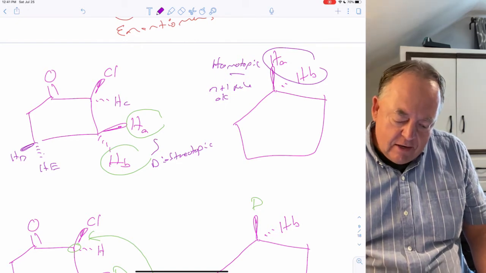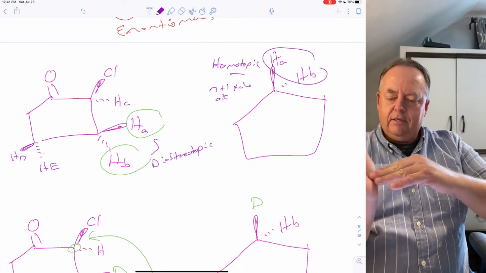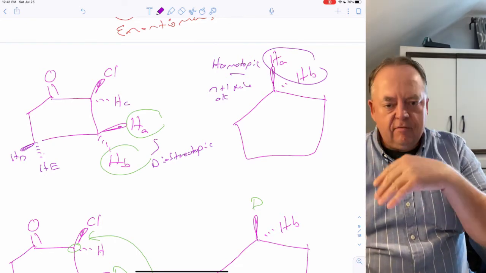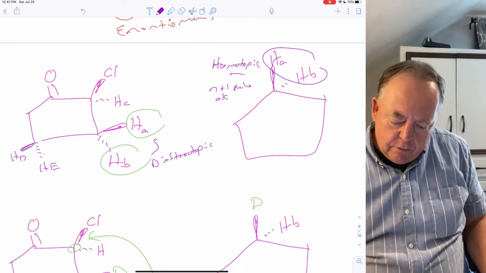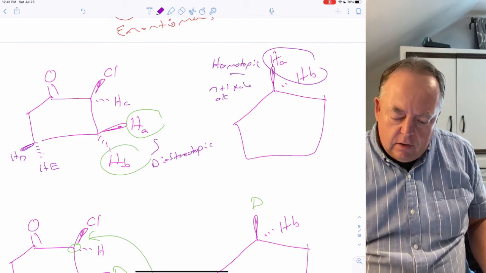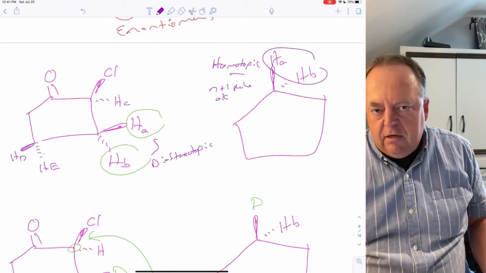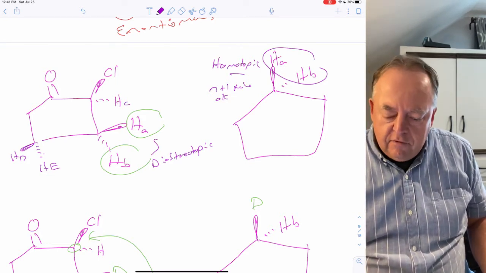So it all depends on, if you remember the envelope conformation, right? It all depends on how fast those interconvert between each other, whether they would interconvert fast enough that the NMR would see them as being equivalent, or if the interconversion was slow like a cyclohexane chair flip, then they could be different and the NMR could see them as being different signals.